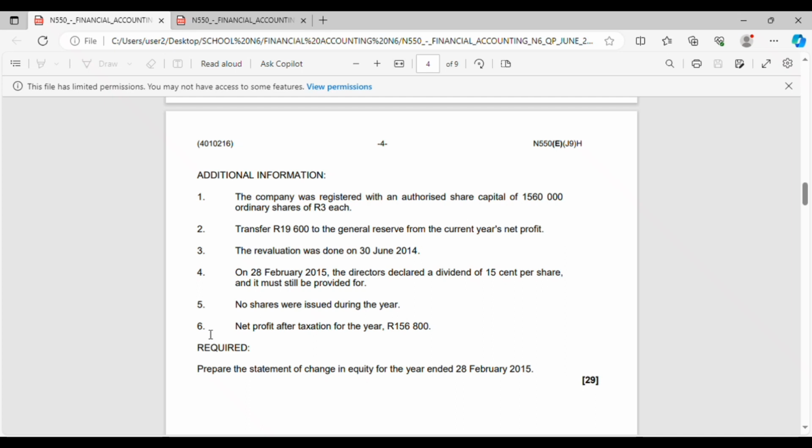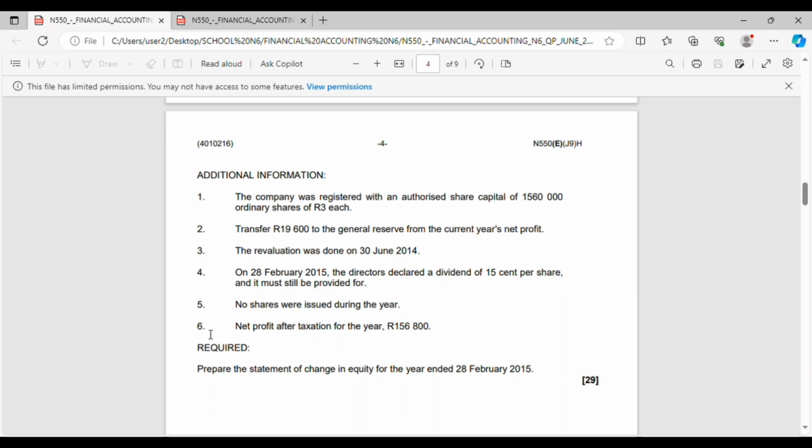If you check your trial balance, you've been given the net profit before tax amount. So in order to determine the net profit after tax, firstly we have to take the net profit before tax amount and multiply it by the percentage of the income tax to get the income tax.